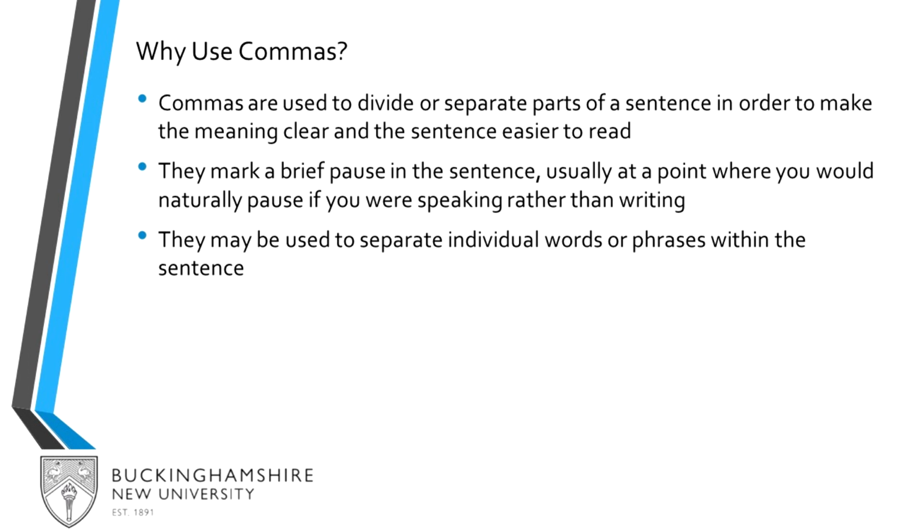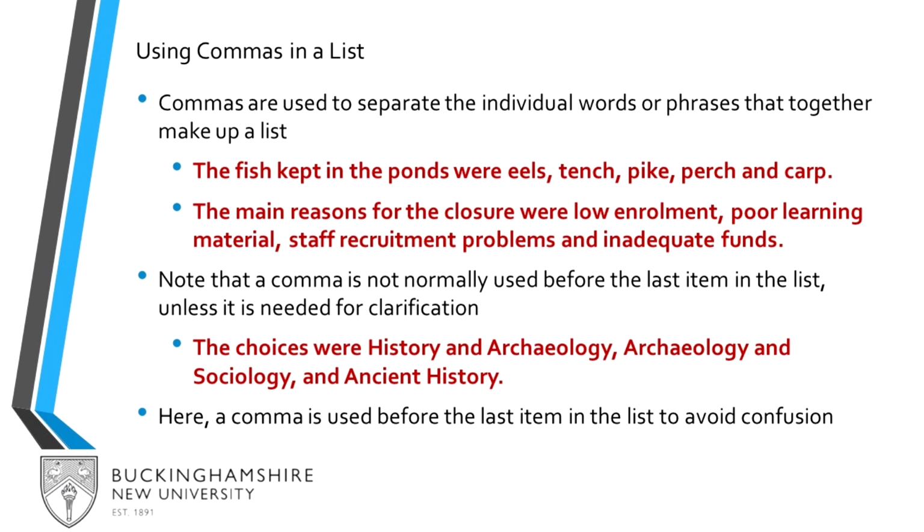And another purpose that commas can fulfill is to separate words in a list. Okay, if we have a look at this slide here, where we see some examples, let's have a look at the first bullet point. The fish kept in the ponds were eels, tench, pike, perch, and carp. Okay, notice those commas which allow you to list several items, several examples of fish within one sentence.